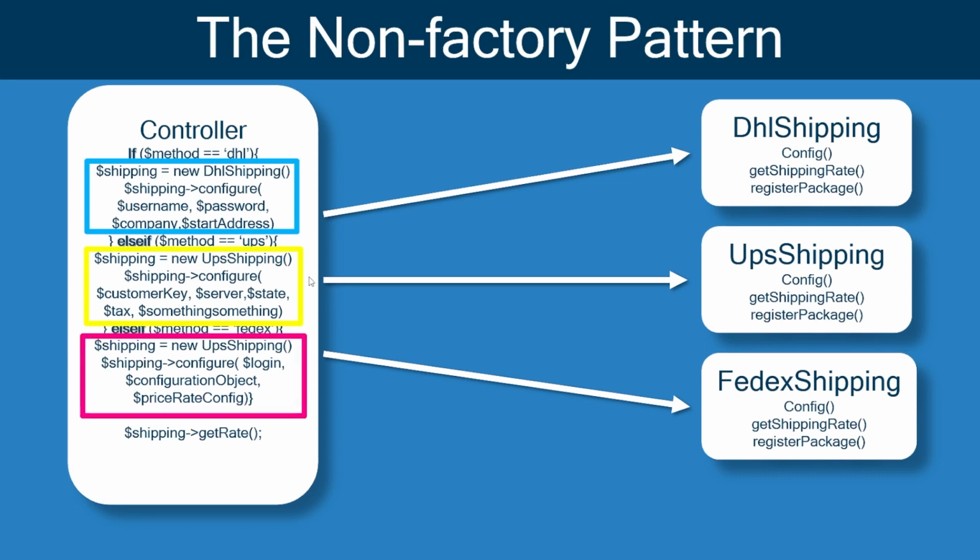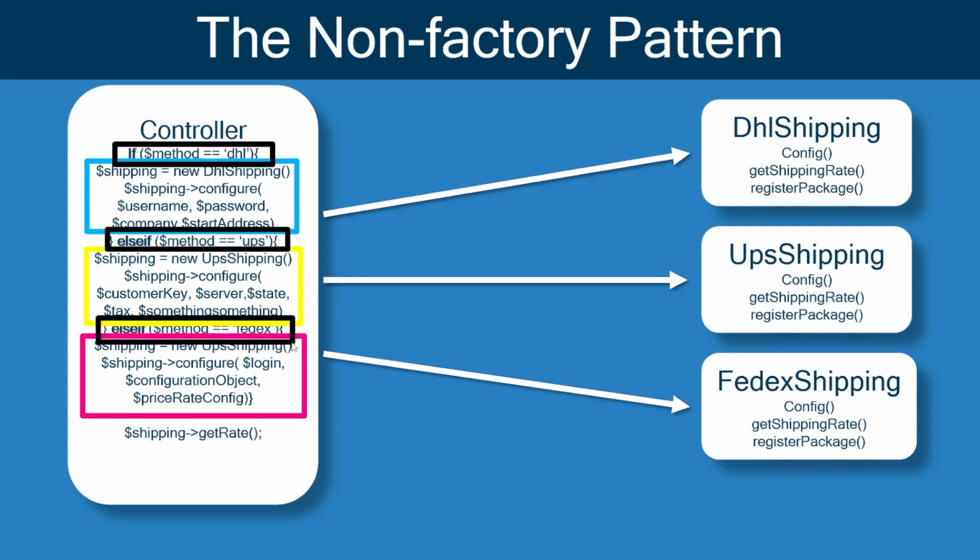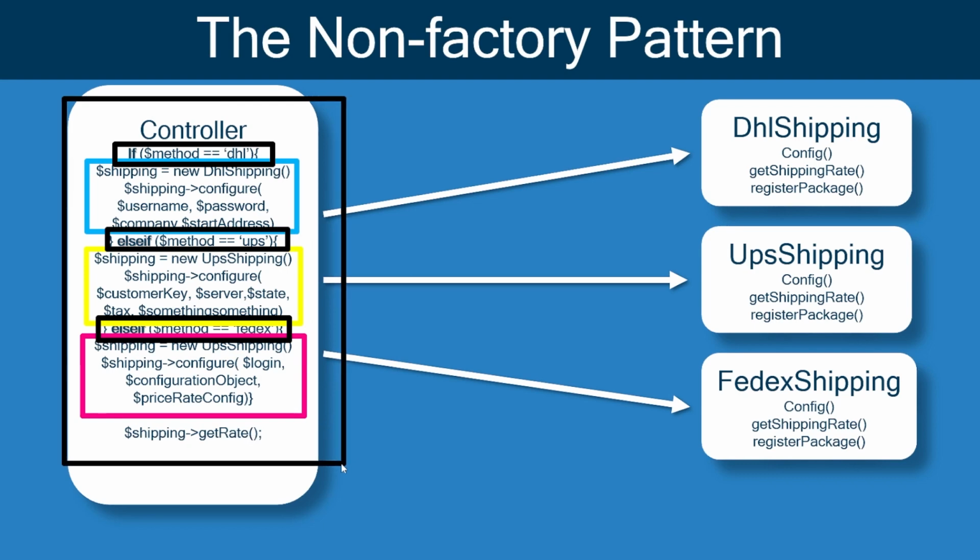And also we might need to have a way to determine which actual object we want to make, so we need somewhere to put some if-else and some logic that will give us the correct object based on some parameters that we might have in our application. And this code already looks quite ugly, so when we need to have this code in multiple controllers, so everything needs to be duplicated in several controllers, we can see how it becomes a mess and duplication of things quite fast.